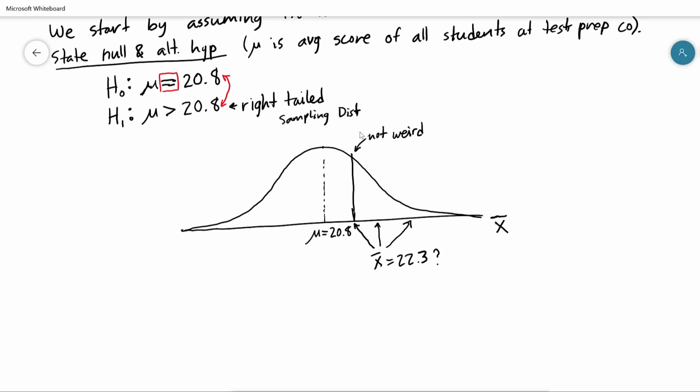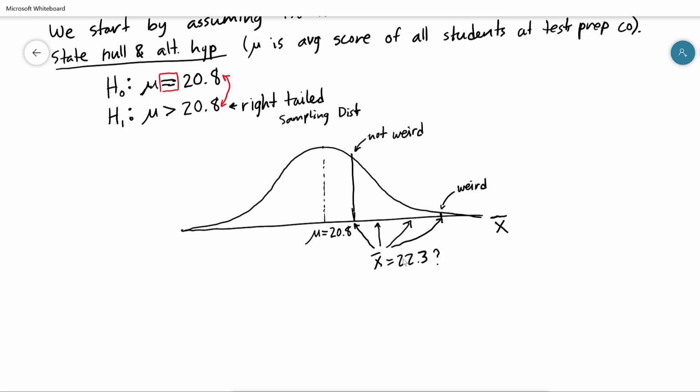But if it falls over here, or even further over here, now we're getting into a region where that would be considered a weird result. So again, this is the tricky part, what we've got to keep in mind. We're assuming that the students at this test prep company don't really score any better or any worse than anybody else.